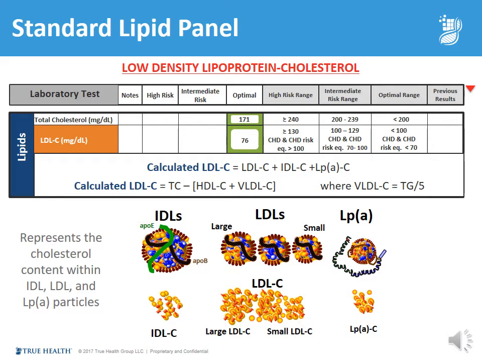And to come up with that number, because laboratories are not directly measuring VLDL cholesterol, one divides triglyceride by 5 on the assumption that all of the triglycerides are in VLDL particles, and the normal composition of a VLDL is 5 times more triglyceride than cholesterol.